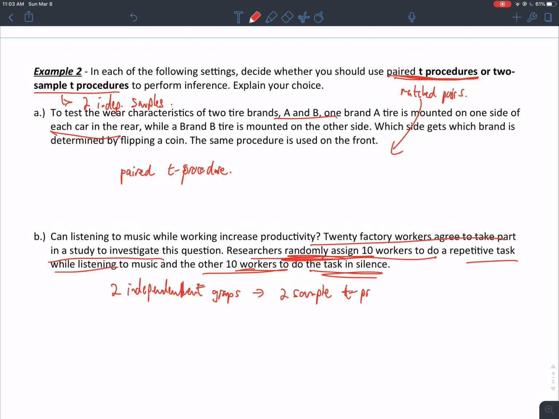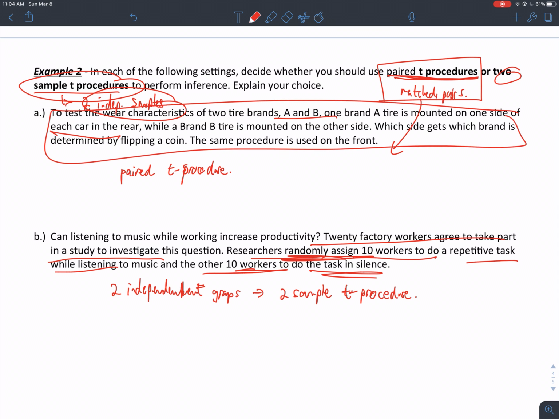If you can identify two independent samples, groups, treatment groups, or groups that were sampled, it's a two-sample T procedure. If your prompt or your study describes a matched pairs design study, then it's a paired T procedure.